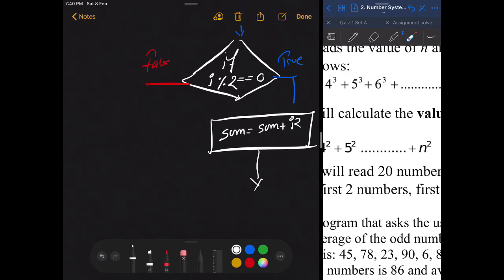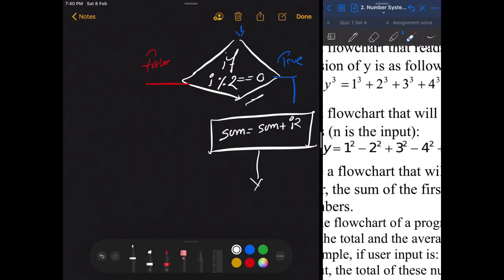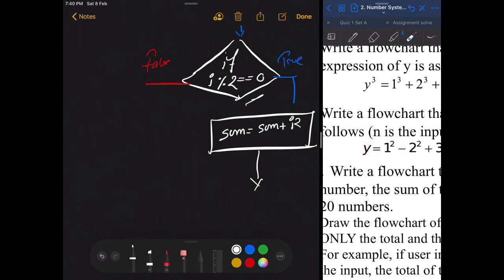And what would we do for the false case or the not case? If this condition isn't satisfied, that means that the number is odd, and for odd numbers we are adding them, and for the even numbers we are subtracting them. So we need another calculation or process where sum equals sum, and this would be negative, I'm sorry about that.